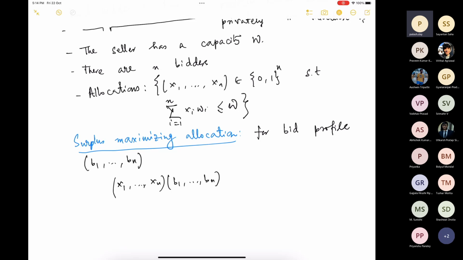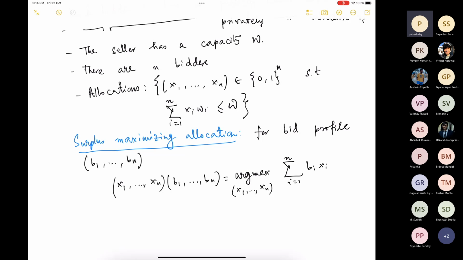What is this? This is the argmax of summation Bi xi, i equal to 1 to n. Okay, this is just from the definition.